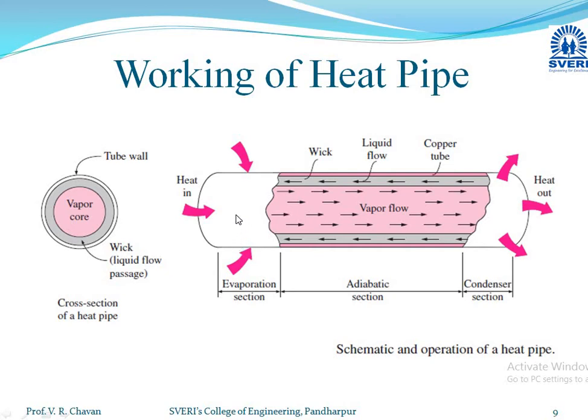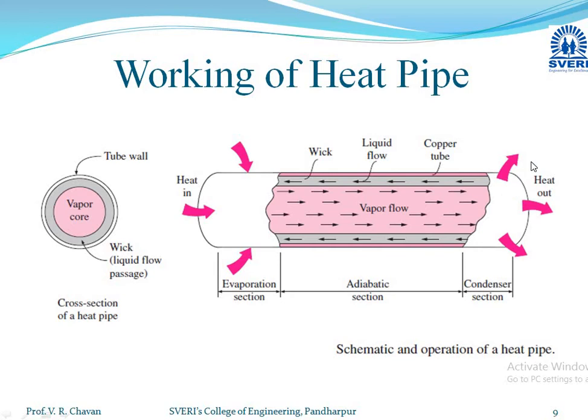It will come to the center of the heat pipe, and because of the vapor pressure difference, it will start flowing from this section to the condenser section. Once it reaches the condenser section, it will transfer the latent heat of condensation to the sink.